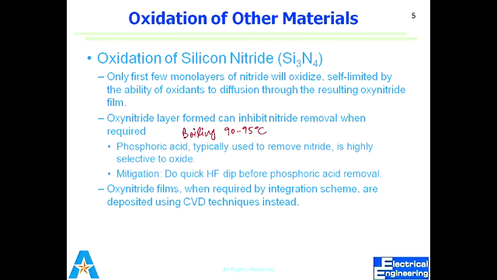So this is self-limited. How is it limited here? Ability of oxidants to diffuse through. Due to that diffusion process, because it's very hard for the oxidant to diffuse through the oxynitride layer, that is the silicon nitride layer, after a few nanometers it's very difficult for the oxidant to diffuse through, so it's limited after that. So you cannot grow a thick layer, but a very thin layer can be grown.